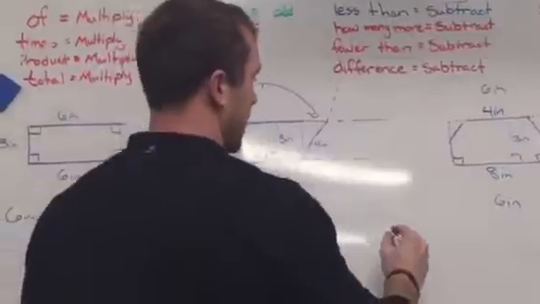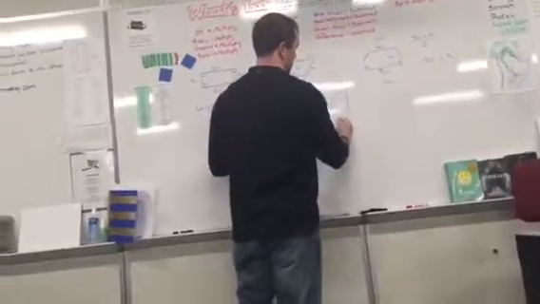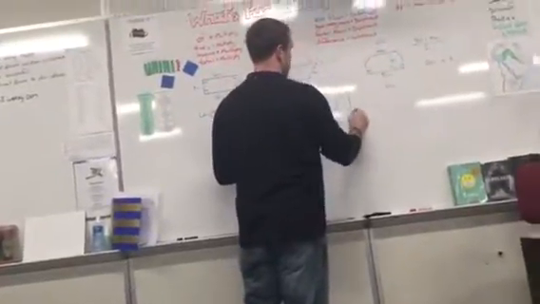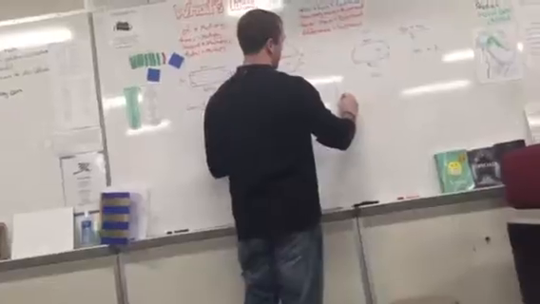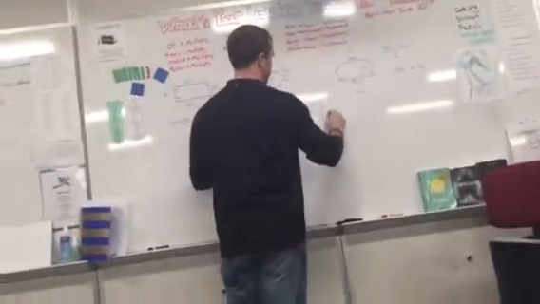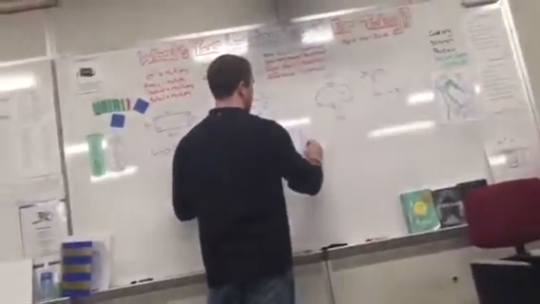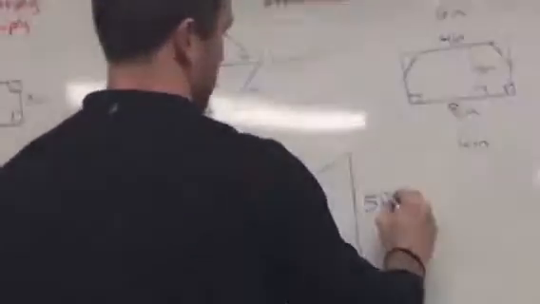Okay, I'll give you one more and then I'll set you free. Let's do this. Okay, let's say that this is, just making something up here, 5 feet and 3 feet.